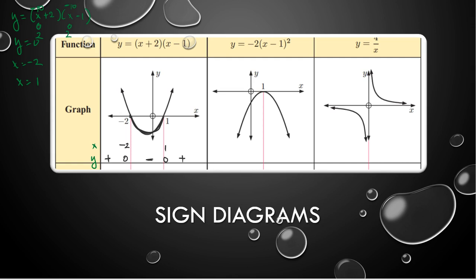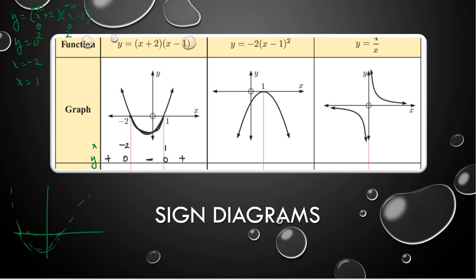If I sketch that, you already know how it looks. Here we have 1 there and we have 2 there, and it should be negative here, and it should be positive there, positive there. It's not the same, but you can see the sketch.